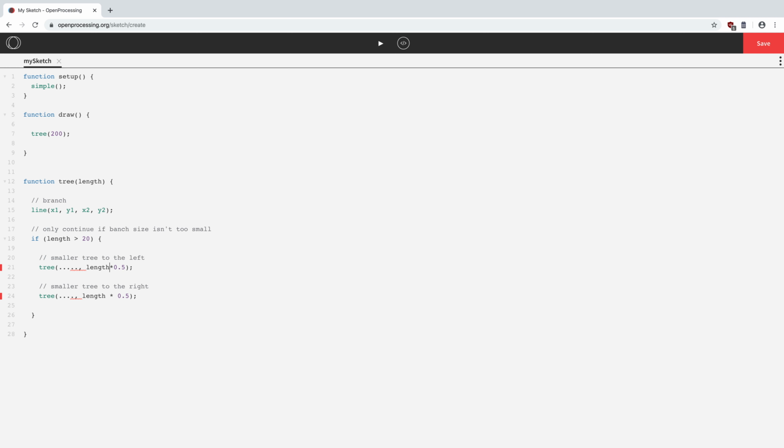Let's put some spaces in just so we can read the code easier. Great, okay. Now what's missing? These things, the positions, x1, y1, we haven't explained what they are, but it was useful to write it down like this so we know that we need to draw a line. So the starting point, let's look at our drawing.